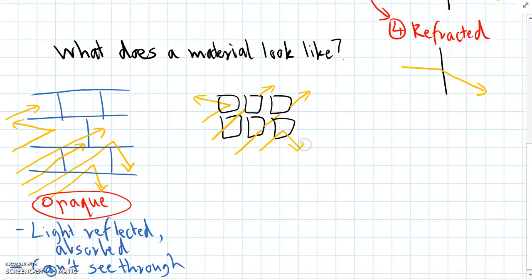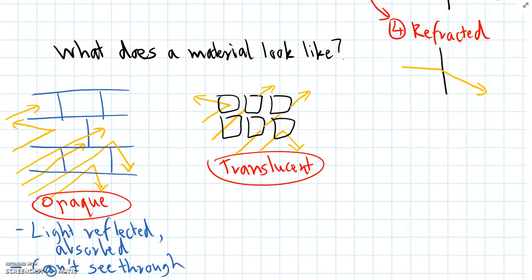And some of it passes into the glass, but then is reflected out. So when some light is transmitted, we call this object translucent. Because some light passes through, but not all of it.